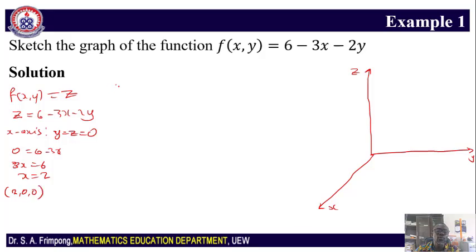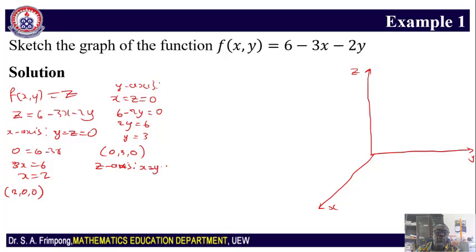Then for the y-axis, x and z are both 0, so we are left with 6 minus 2y equal to 0, and we have 2y equal to 6, and therefore y is 3, so the point is 0, 3, 0. And on the z axis, x and y are both 0, so we are left with z equal to 6, and therefore the point becomes 0, 0, 6.